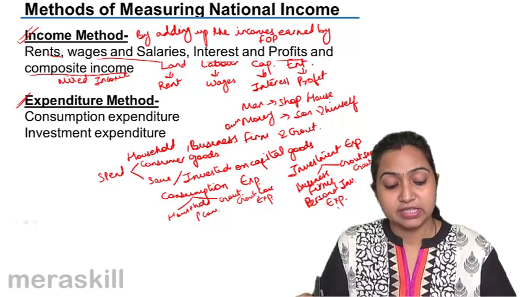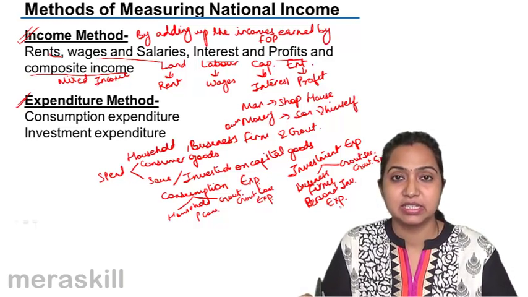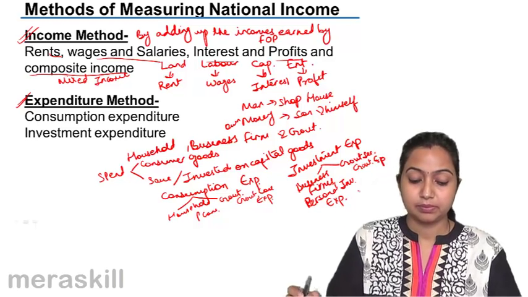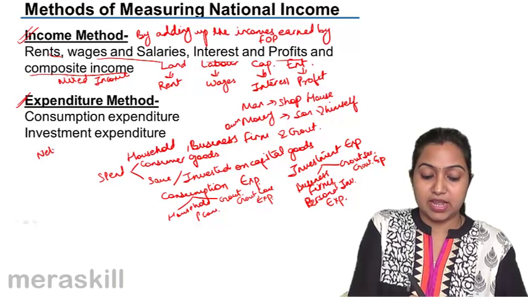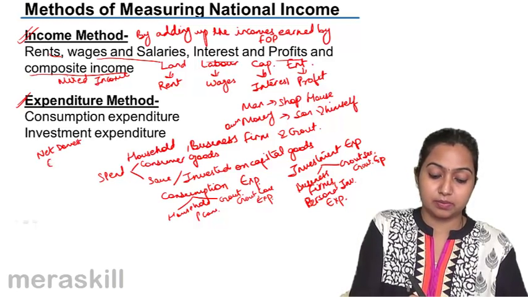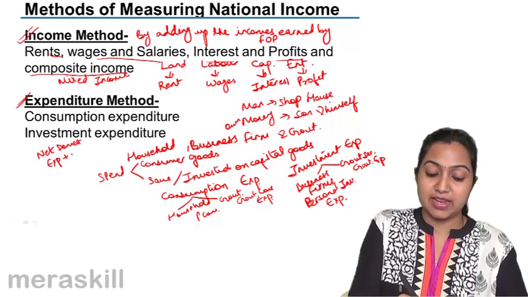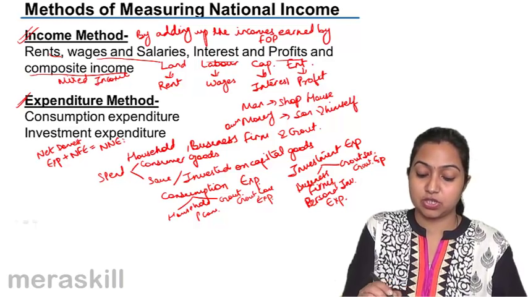When you add these, you arrive at the total expenditure that is done in the economy. When in the net domestic expenditure we add net foreign expenditure, we arrive at the net national expenditure.